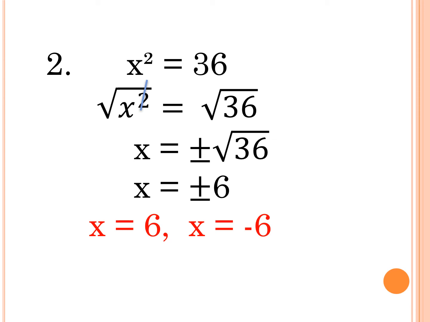Cancel the square root sign and squared, so that we have x is equal to positive and negative square root of 36. So, 36 is a perfect square. And we have now x is equal to positive or negative 6. So, we have two solutions. x is positive 6 or x is equal to negative 6.